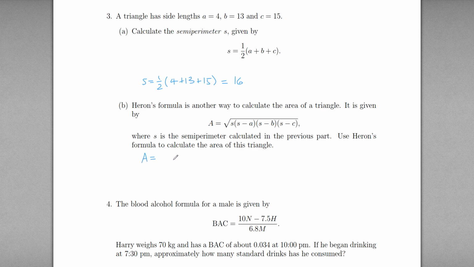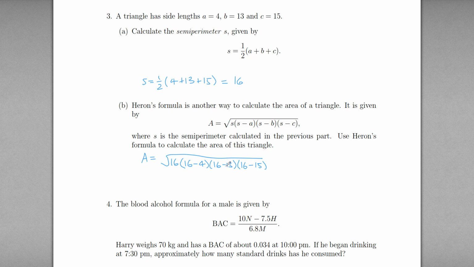So A is equal to the square root of s, which is 16, we just got that, bracket 16 minus a, which is 4, and then bracket 16 minus b, which is 13, and then bracket 16 minus c, which is 15.